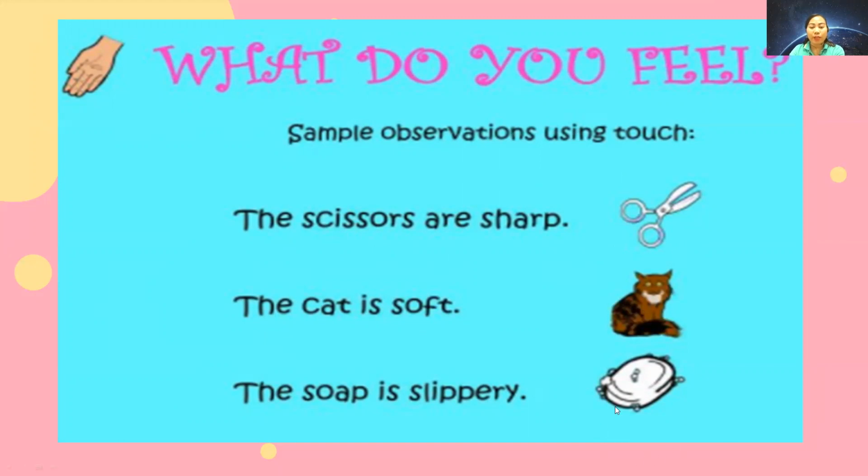And when you touch soap, the soap is slippery. When we use our sense of touch, we feel things like soft, smooth, rough, or hard.